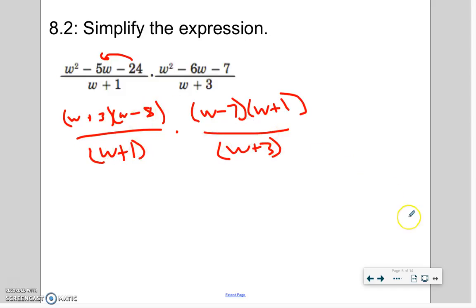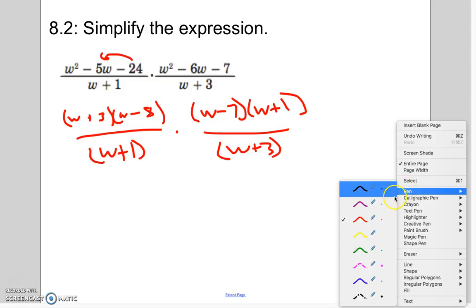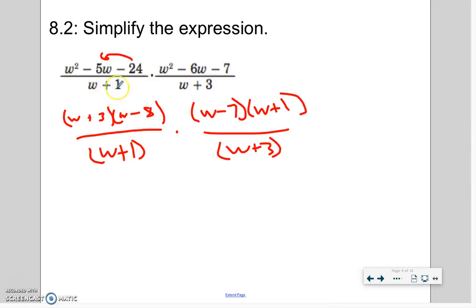A nice healthy habit that I like to do just to keep things organized is that if I see a binomial, I put these in parentheses right away, knowing that I can't cross off the w's, I can't reduce the 3's, and the only way I can cancel is if this is exactly the same as something on top. So since we multiply, this becomes one huge fraction bar.